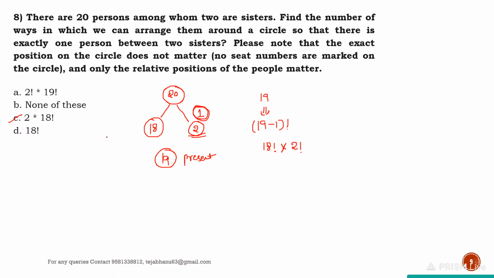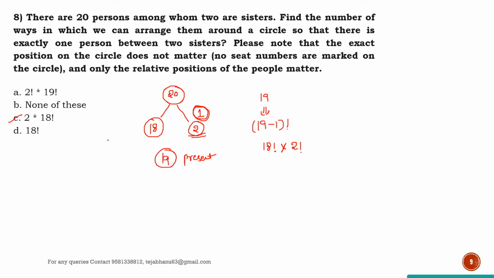So the answer is C, 2 into 18 factorial. Is this clear? I hope it's clear.